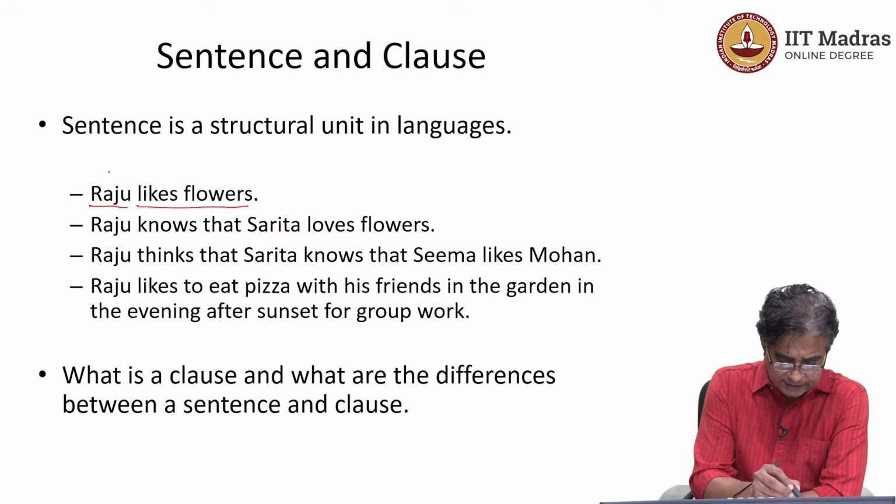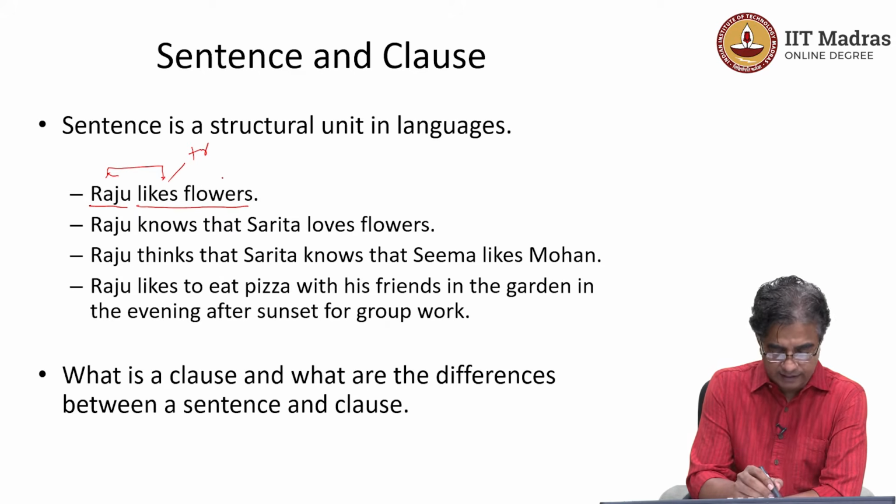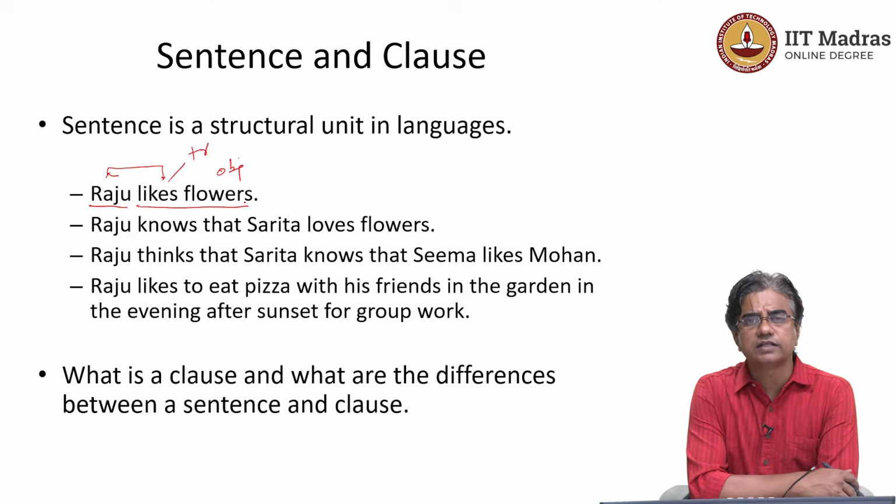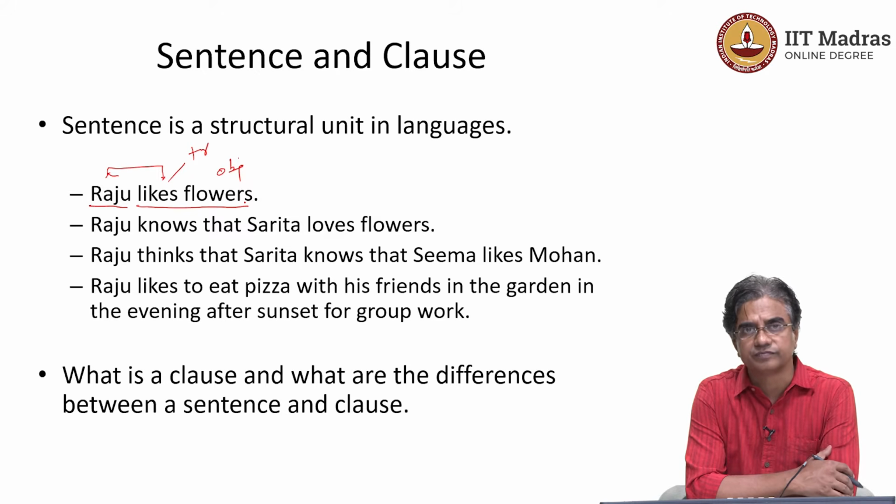Likes, there is a proper agreement between subject and the verb. The verb happens to be a transitive one, hence it has an object, that is flowers. So all the requirements are met. It's a good canonical sentence of English.